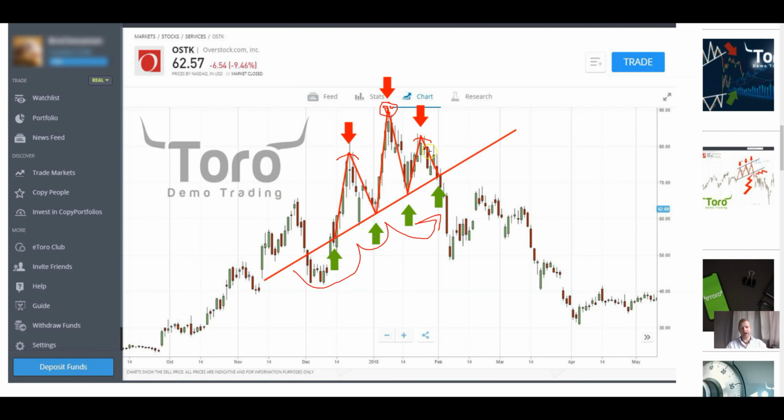This is a very common pattern that is very well known in trading. Everybody looks for this as well. But also what it means is that whenever this pattern is created, don't go in thinking it will go higher. Be aware that head and shoulders patterns usually break to the downside. So be aware of that.